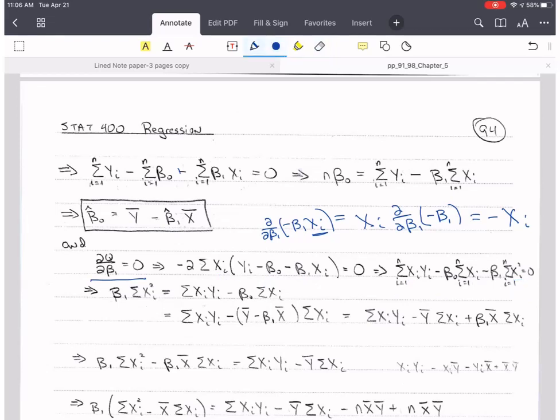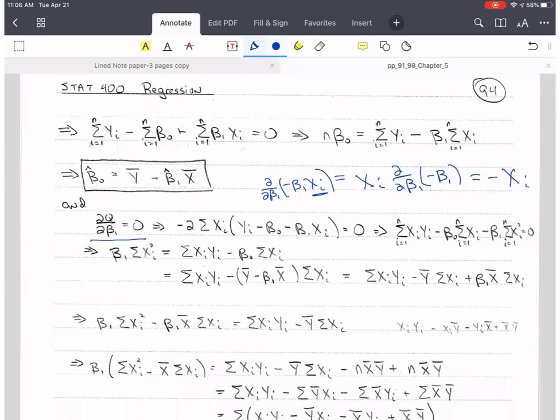So I'm solving for beta 1, the term that has beta 1 in it. And then I'm going to rewrite, let's see, what did I do? I rewrote beta naught as its solved value up here. I substituted in y bar minus beta 1 hat x bar right here.